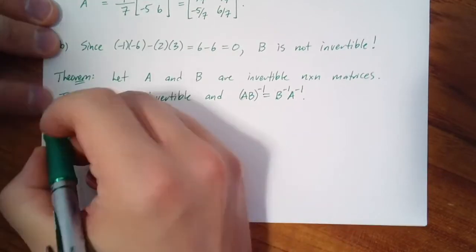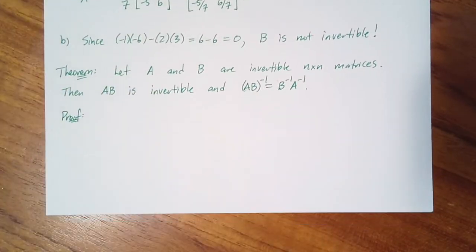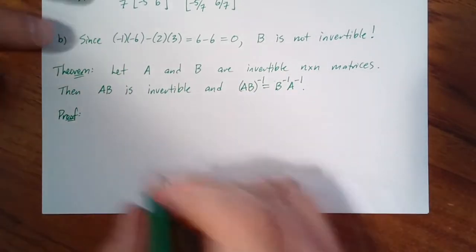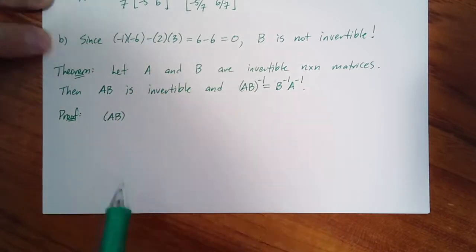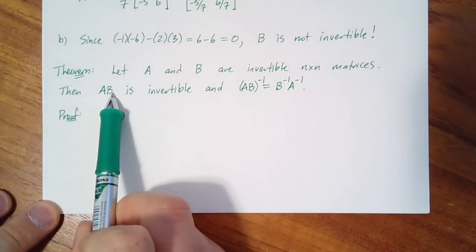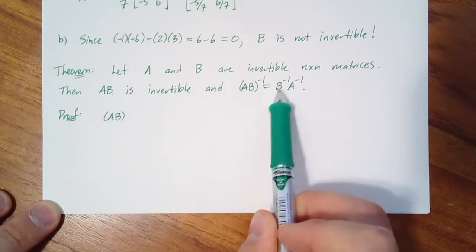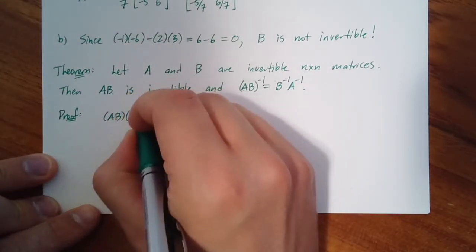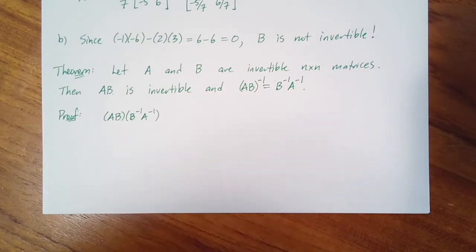So let's prove this, because it's not too hard to do. How do we do it? We need to check that if you take this matrix AB and you multiply it on the right by the product of B inverse and A inverse, you get back the identity matrix.